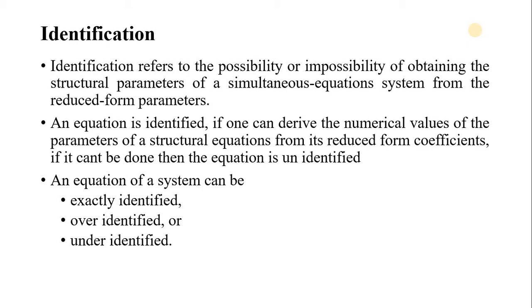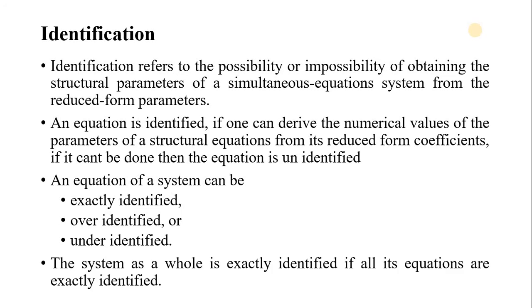Sometimes the equation may be identified, or it may not be identified. If the equation is not identified, then it is known as under identified. If it is identified, it can be exactly identified or over identified. What exactly identified and the others mean, we will discuss very shortly.